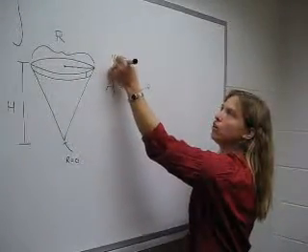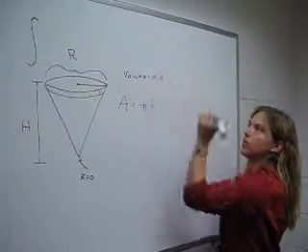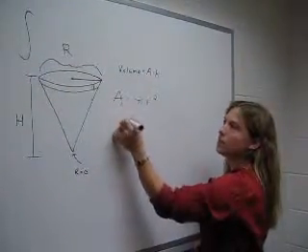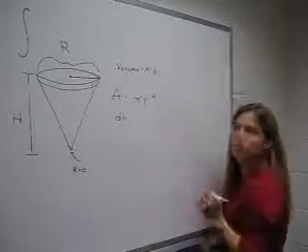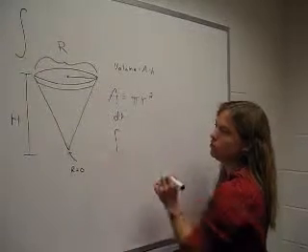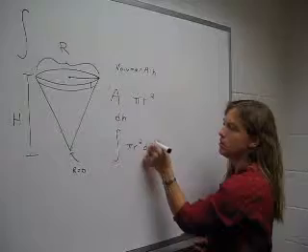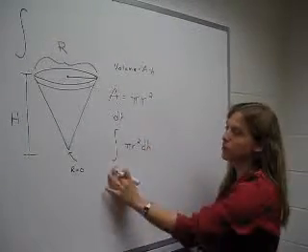In general, volume is the area times the height, and my height this time is going to be dh. So if I want to sum these up, I will have the integral of pi r squared dh. And this is what I'm going to try to solve.